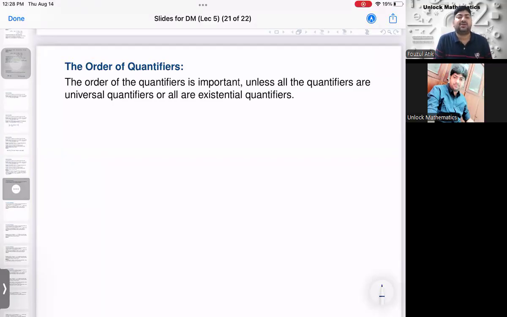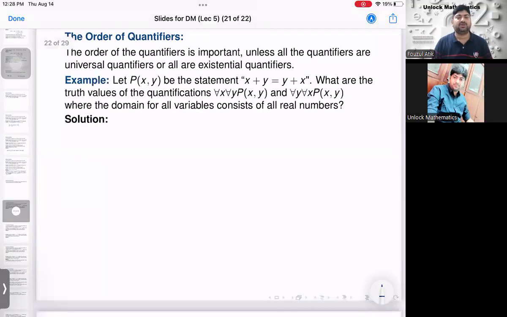But if they are different quantifiers, like for all and there exists, in a combination, then the order matters, so the truth value will change. We'll understand this through some examples. Look at this: this one is actually true for both orders. For all x for all y, P(x, y), where P(x, y) is x plus y equal to y plus x.